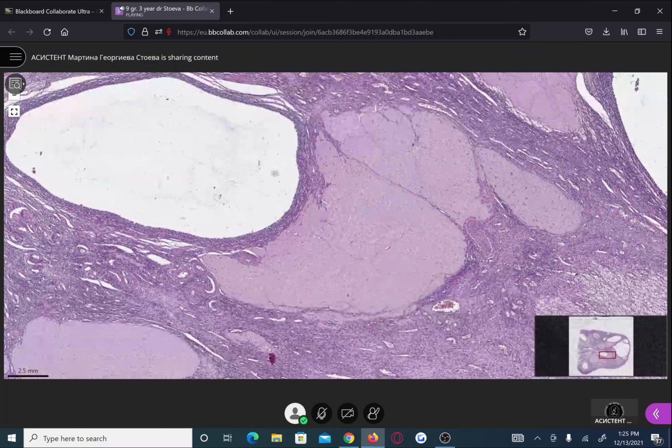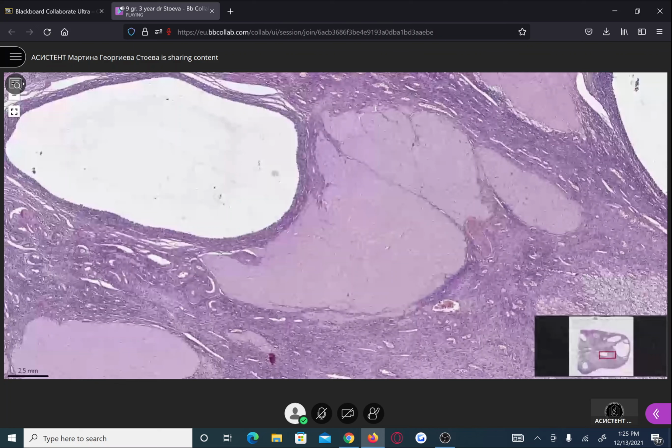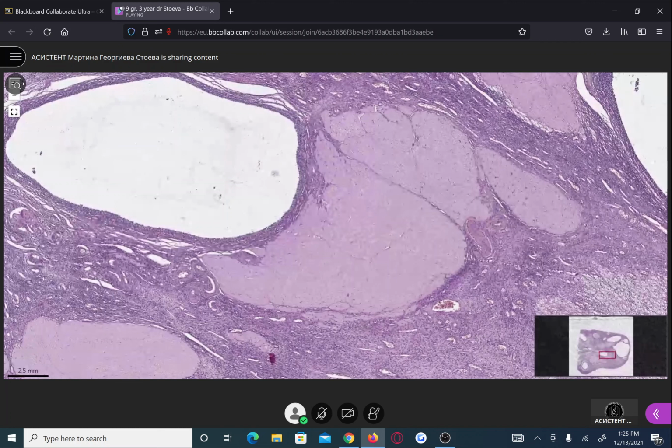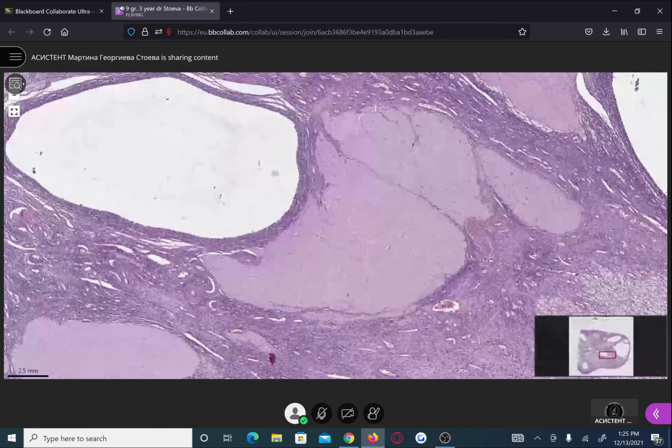In this case, with physiological hyalinization, the type of hyalin is simple. Lipohyalin is associated with diabetes mellitus, and complex hyalin usually deposits in immune-mediated diseases. And also some other chronic inflammatory processes.